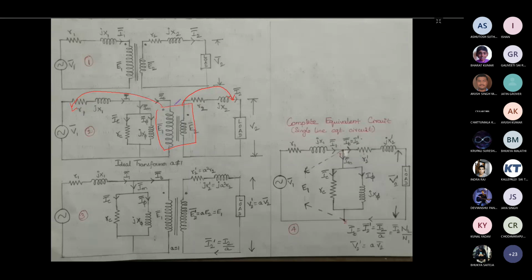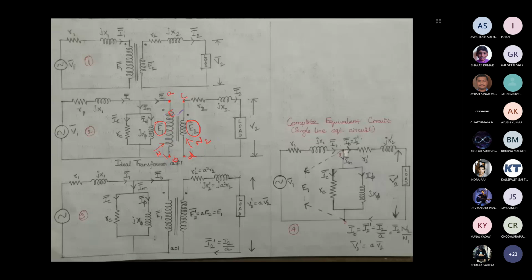First, you can see clearly, here E1 is there, here E2 is there. Note that this is N1, and this is N2. What is the difference between this point and this point? Let's say this is terminal A and this is terminal B, this is terminal C and terminal D. The difference between these two terminals is just the voltage.